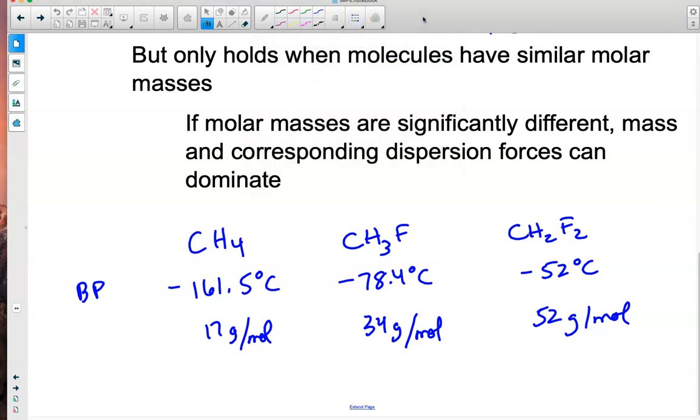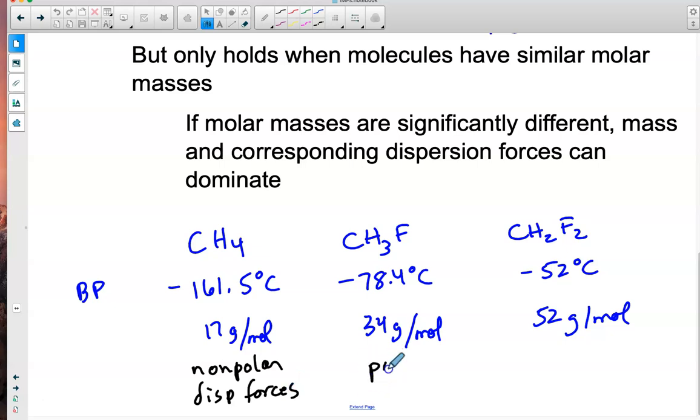So the CH4 is completely nonpolar, and so it's just got dispersion forces. So it's got a very low boiling point of -161.5 based on the fact that it's just got weak dispersion forces. Then the CH3F has the same structure as the methane, but now it's got a dipole.